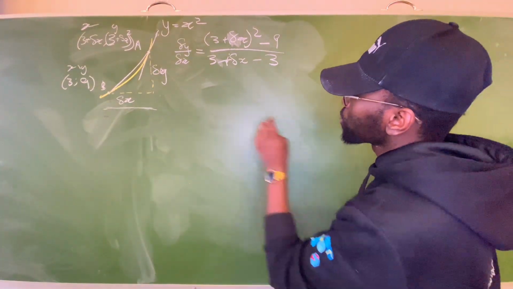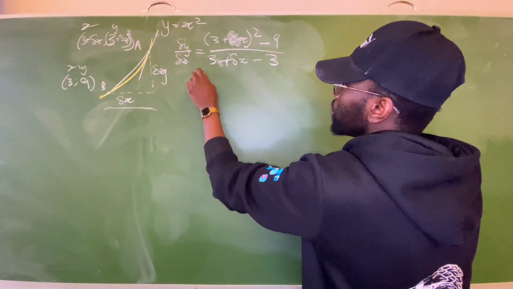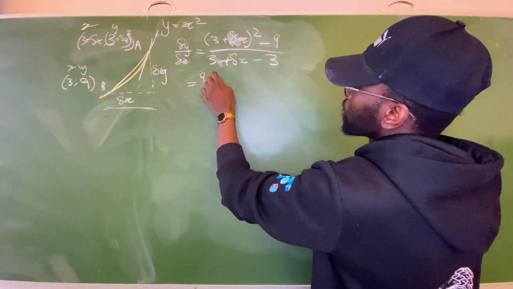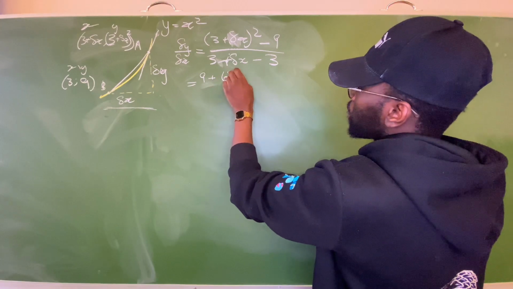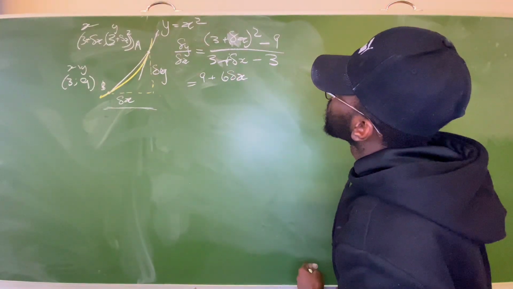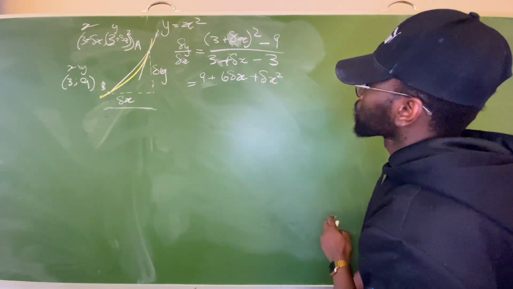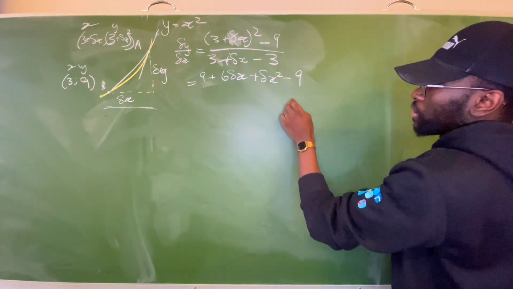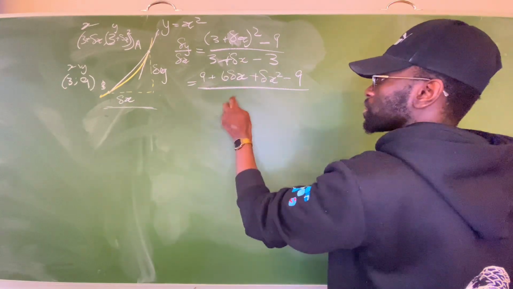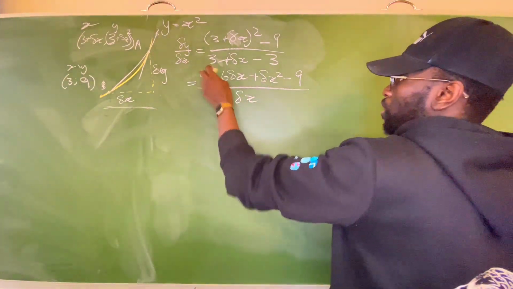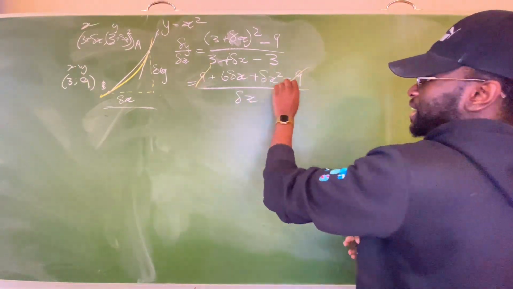Now let's simplify this quickly. We'll have 9 plus 6 delta x plus delta x squared minus 9, all over 3 plus delta x minus 3, which is delta x. Now 9 and 9 are gone.